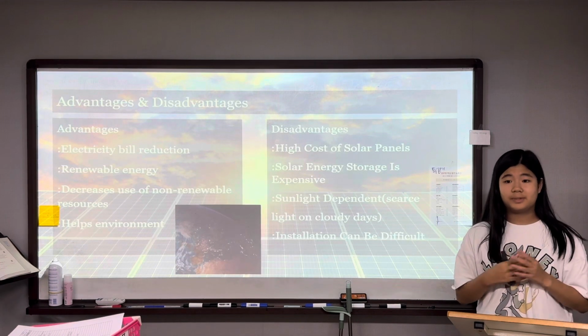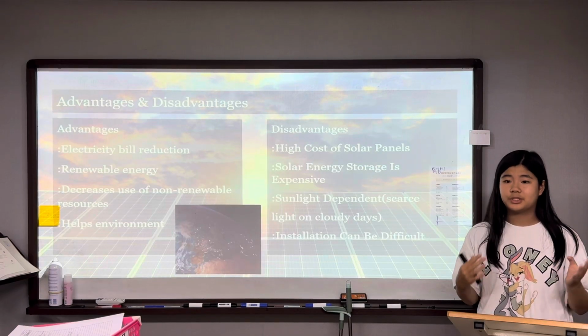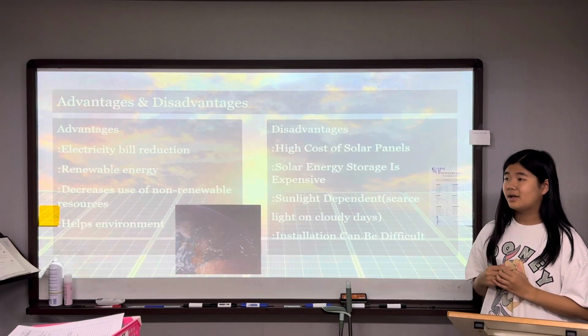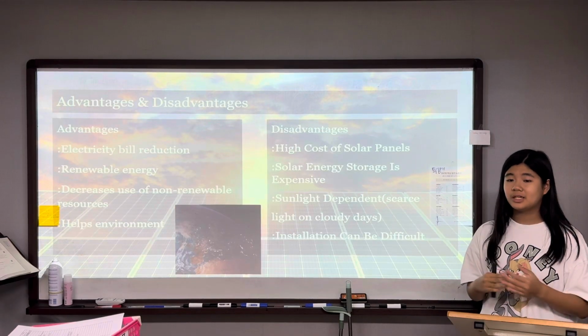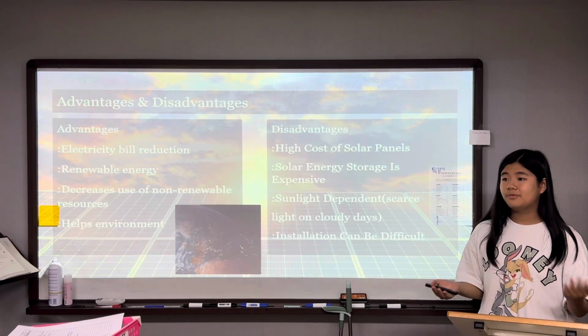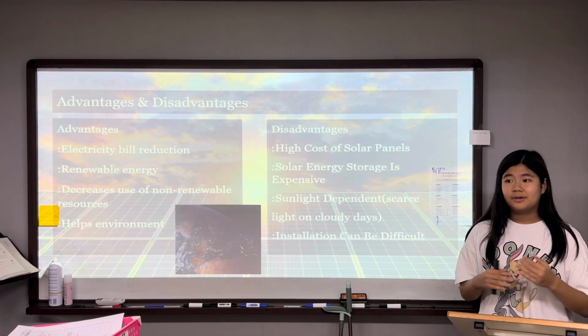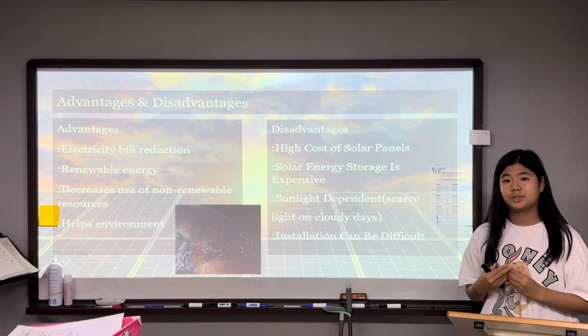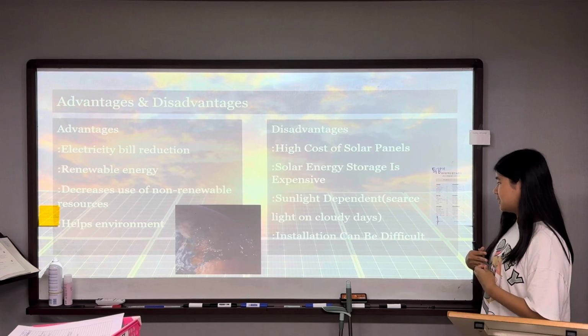And being sunlight dependent is very hard because there are a lot of days which are cloudy, rainy, or snowy. So it can be hard to be sunlight dependent. However, you might think, what if you store the sunlight on sunny days? But as I mentioned before, solar energy storage is very expensive, so it can be very hard to be dependent on sunlight.